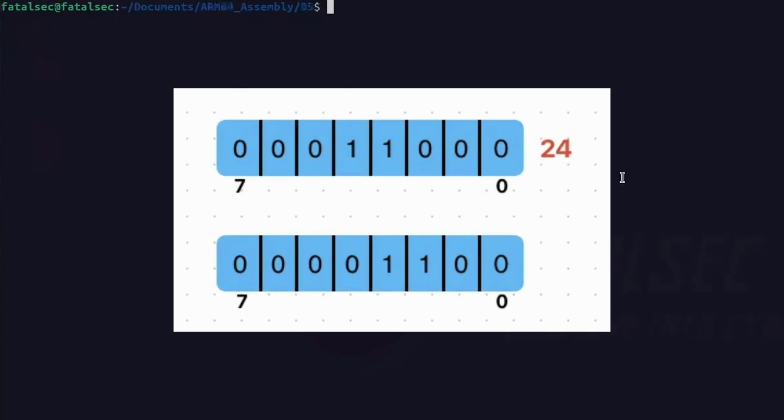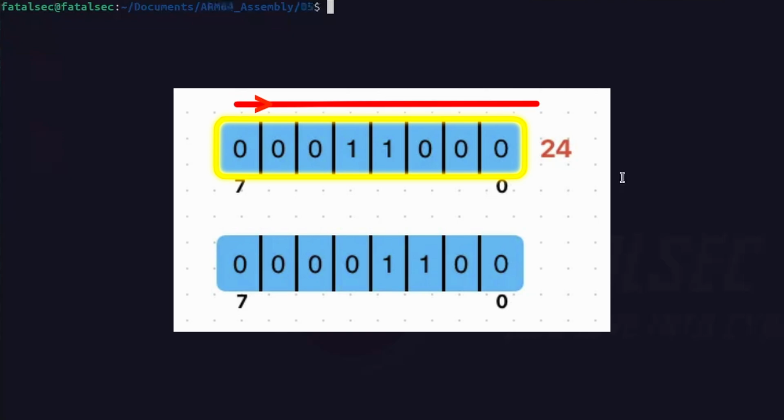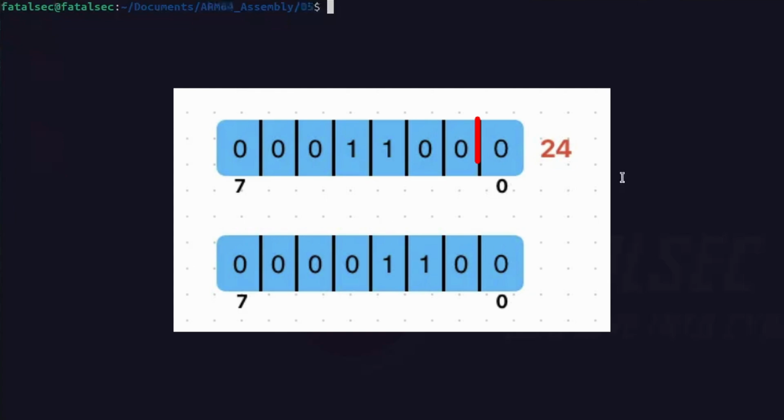Let's first understand the concept of logical shift right by considering the same number 24, and in 8 bits we can represent it in binary like this: 00011000. Now when we perform logical shift right, what we have to do is move all the bits one by one to the right from the least significant bit, that is starting from 0. So the very first bit, which is present at the 0th position, will be moved out and eliminated.